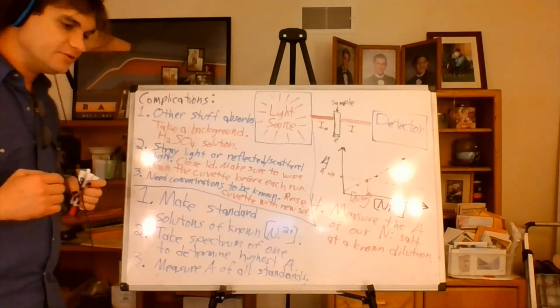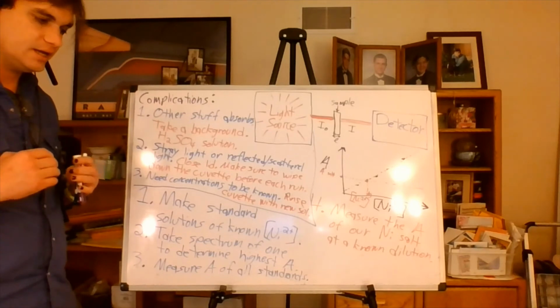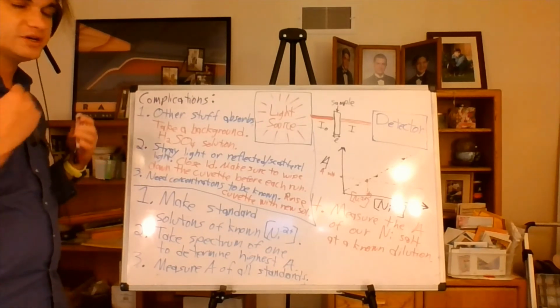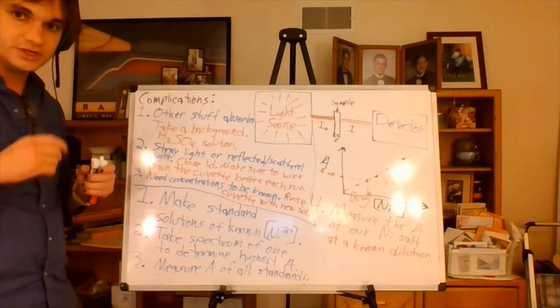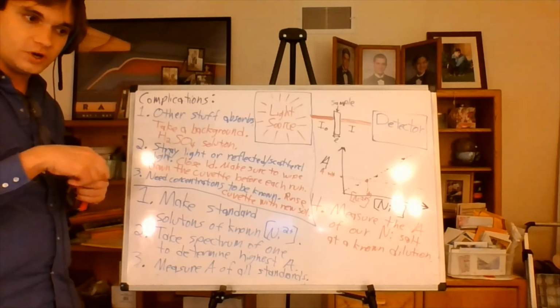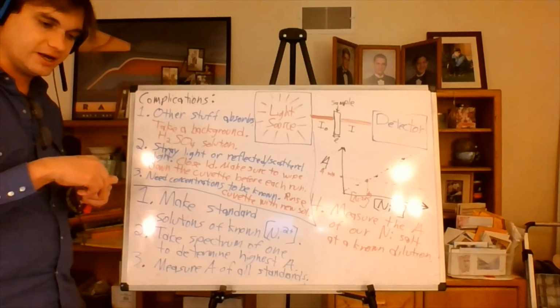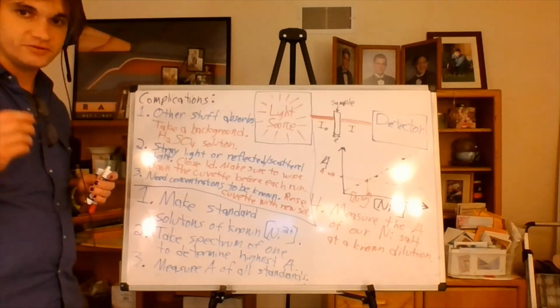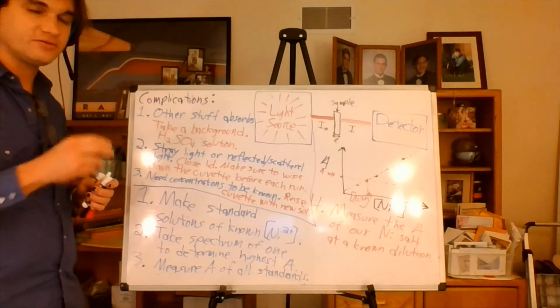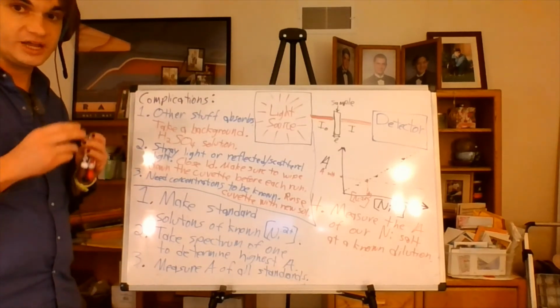So if we go from the blank solution to one of the standards, step one is to put some of that standard solution into the cuvette, shake it around, and then dump it out, because any droplets of water that are left in the cuvette after the blank are going to have the blank solution.